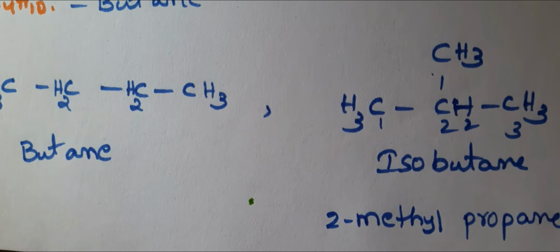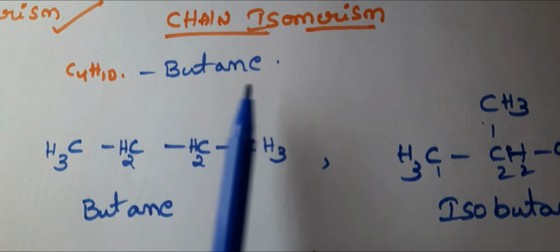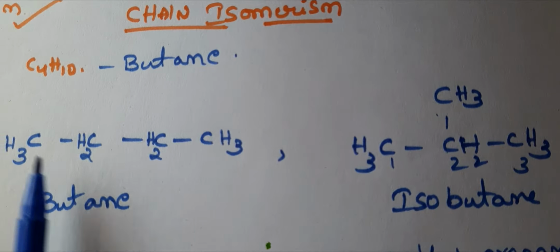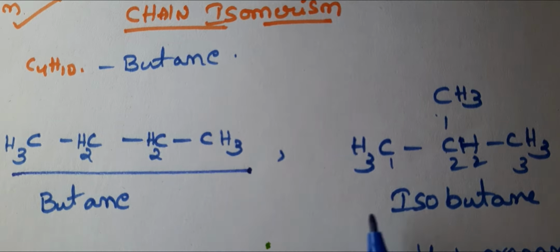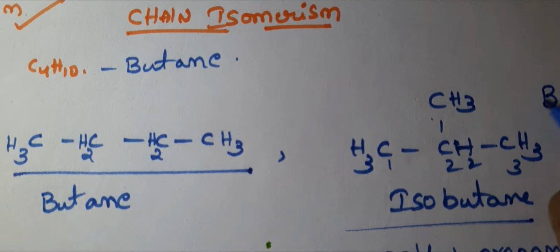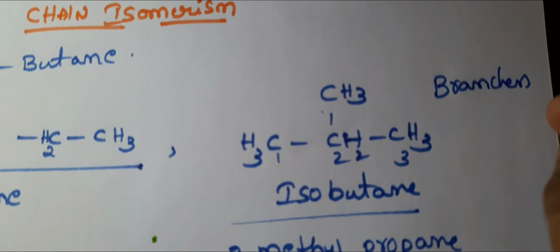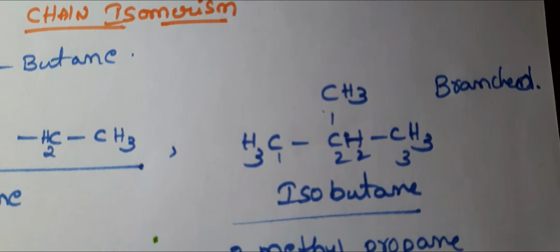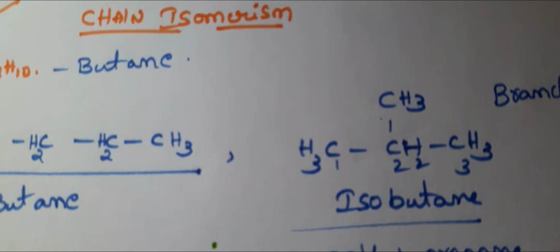These have the same molecular formula, C4H10, but the arrangement of the carbon chain is different. Here I have taken a straight chain, and here a branched chain. So these two are said to be chain isomers of each other. How can we define chain isomers?